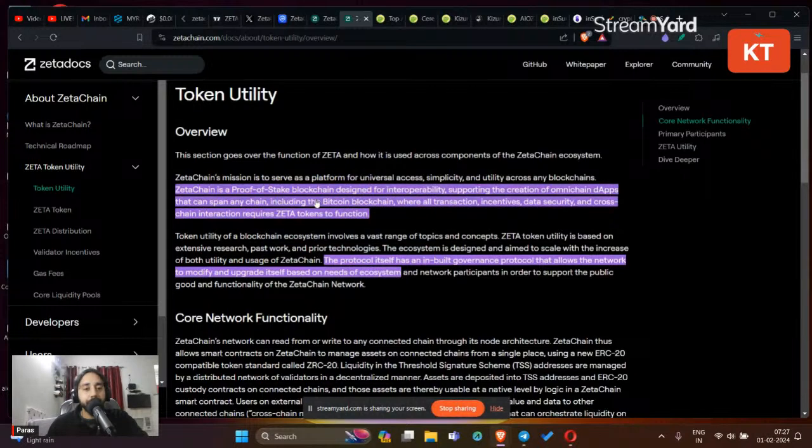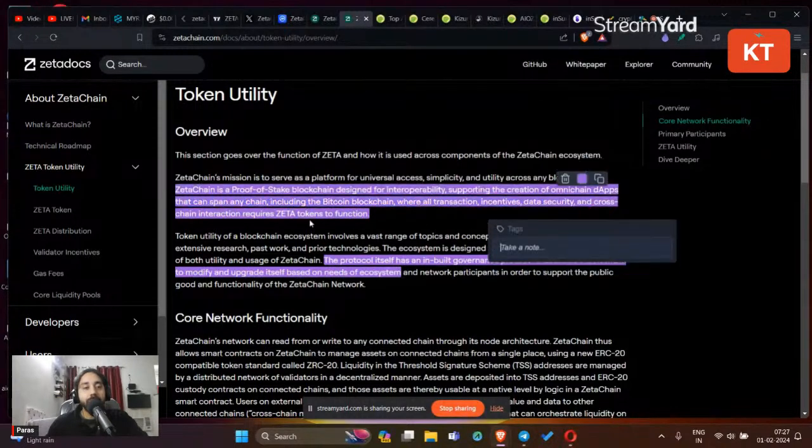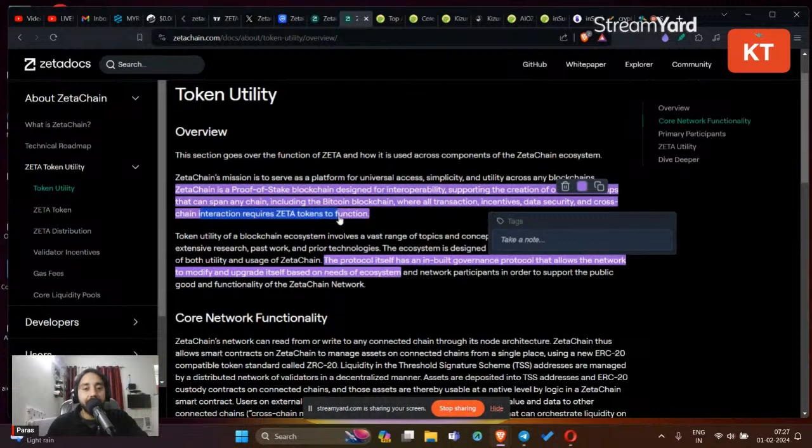Zeta is a proof of stake blockchain designed for interoperability, supporting the creation of omni-chain apps, dApps, that can span any chain, including the Bitcoin blockchain, where all transactions, incentives, data security, and cross-chain interaction require the Zeta token to function.